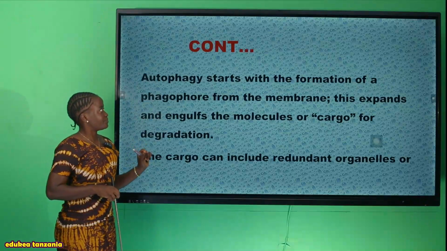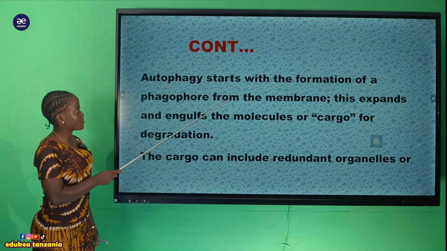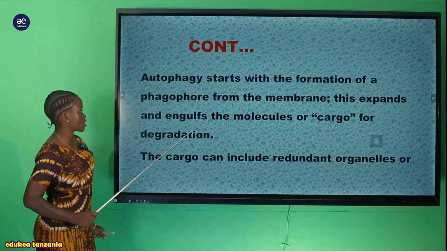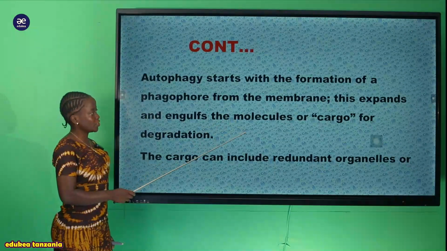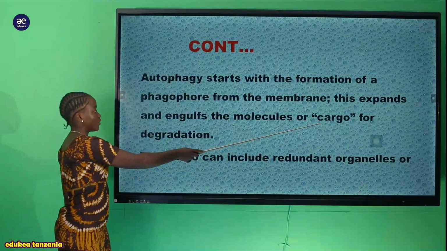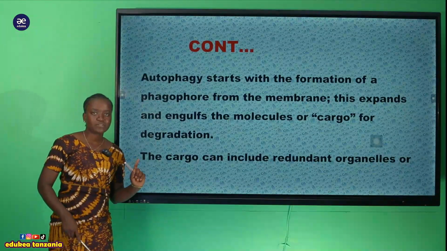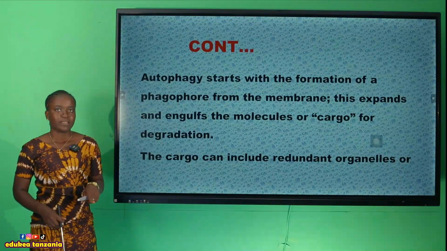But also the autophagy starts with the formation of the phagophore from the membrane. This expands and engulfs the molecule, or we can call it cargo, for degradation. So how does this autophagy occur?